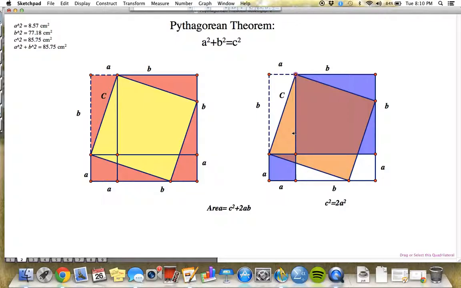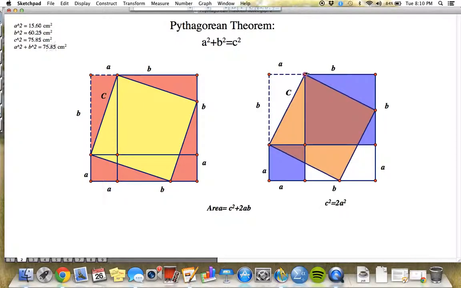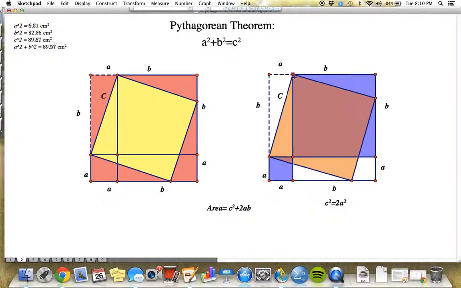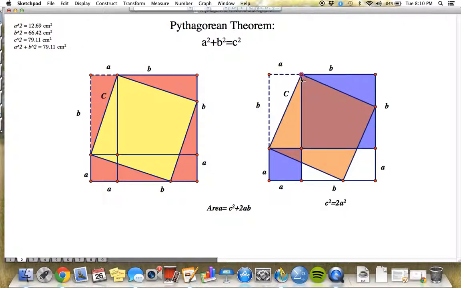So if our area is c squared plus 2ab, and our 2ab constitutes these 2 areas right here, a squared plus b squared must equal c squared, given that the area is c squared plus 2ab. So that is where this Pythagorean theorem idea of a squared plus b squared equals c squared comes into play. And it is always true. You can see with the numbers at the top, I've already measured these. With these sections varying in size, a squared plus b squared always equals c squared.